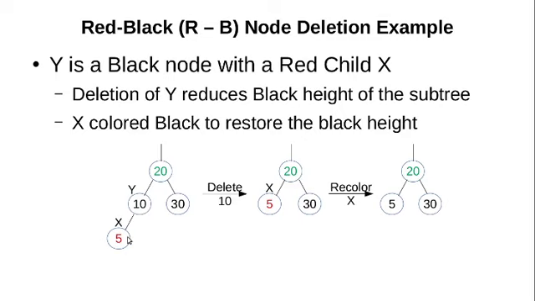We call this node 5 as X. As per the BST node delete procedure, we delete node 10 and the orphaned child node 5 connects to its grandparent node 20. As node 10 was black, its deletion decreases the black height of the subtree by 1. Hence, to restore the black height in the subtree, we color the substituting node 5 black.